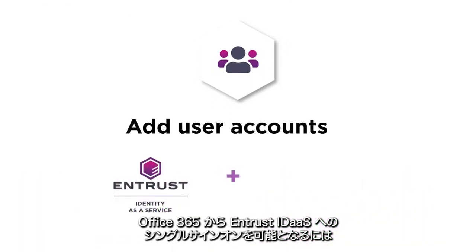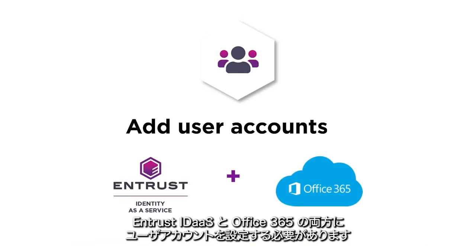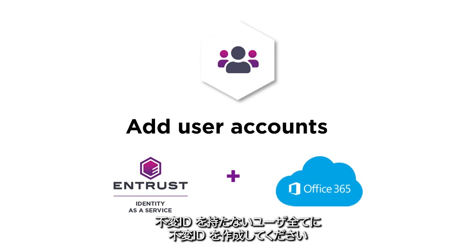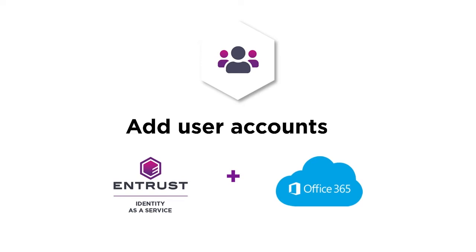We must add user accounts in O365 and Identity as a Service so that the single sign-on attempts from Microsoft Office 365 to IDaaS are successful. Ensure you create an immutable ID for each user that does not have one.